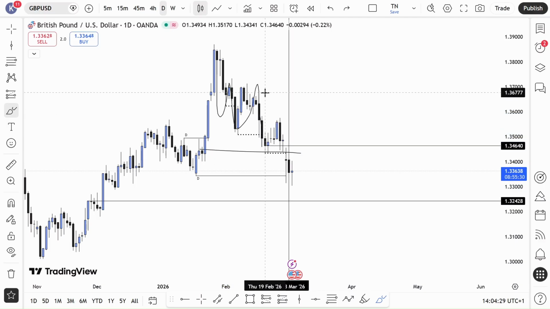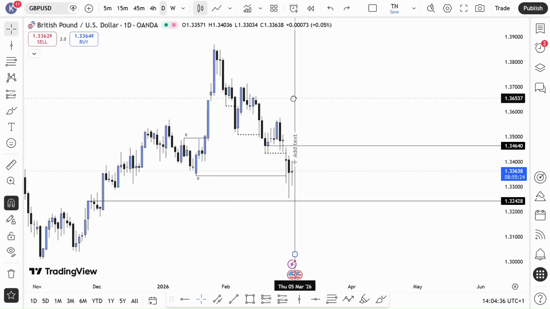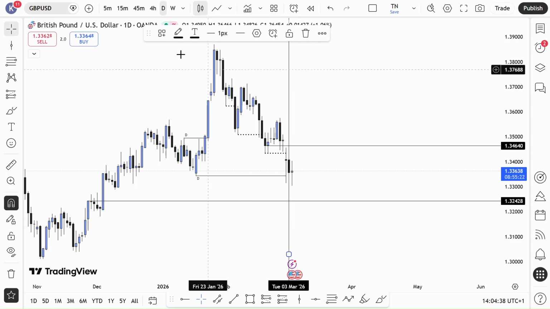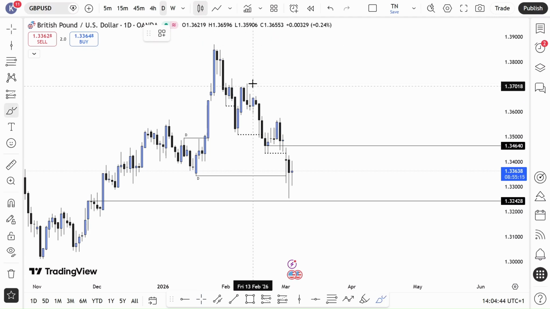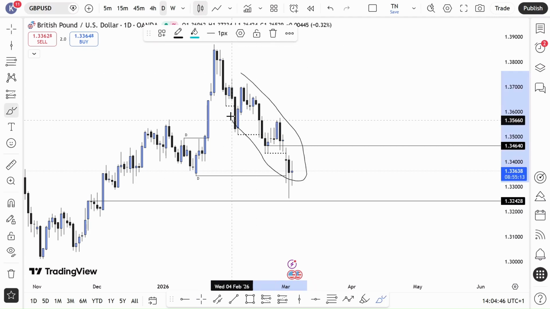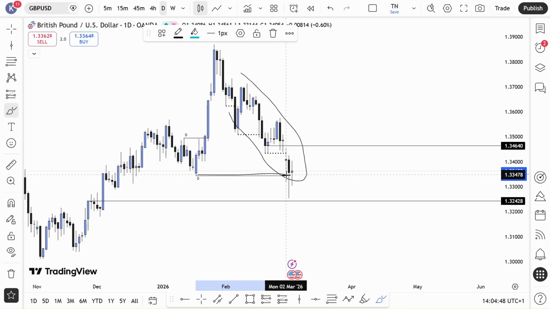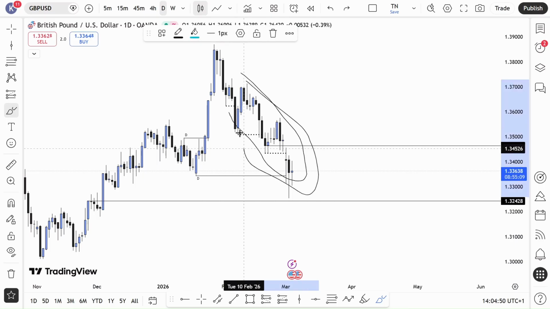So overall, from the 3rd of March, which was this area, price had broken our external structure here, this low, using this structural pattern.